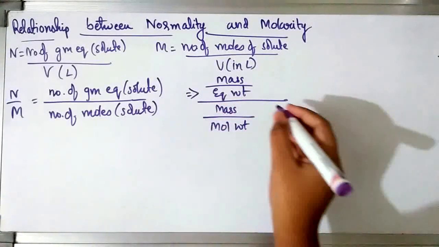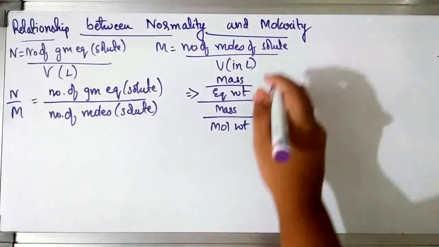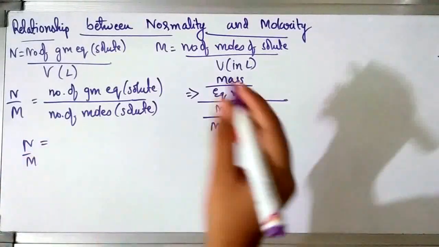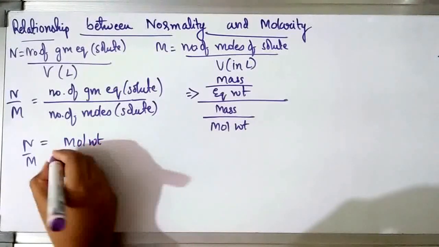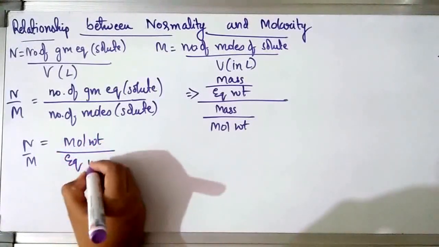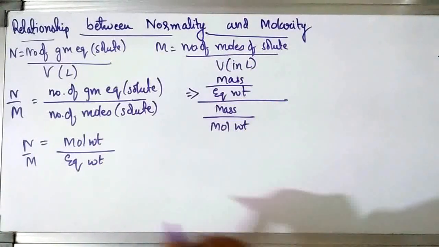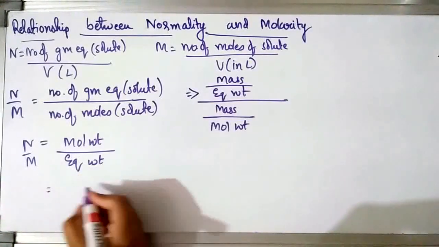Now both of the masses get cut, and the molecular weight goes up, and this becomes molecular weight upon equivalent weight.